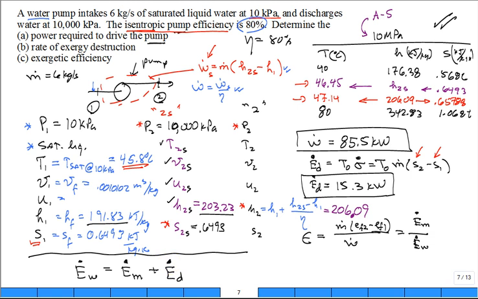So you can take that numerator and replace it by what went in minus the destruction divided by what went in. So we already know that what went in was 85.5 kilowatts minus the destruction 15.3 kilowatts, over 85.5 kilowatts. So we find the exergetic efficiency to be 82.1%.